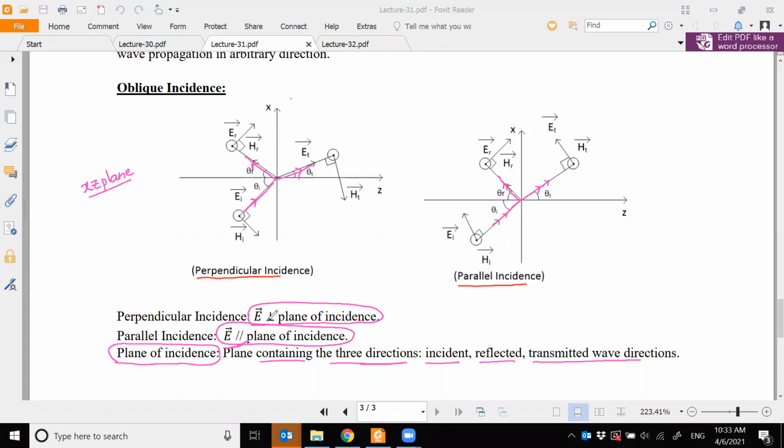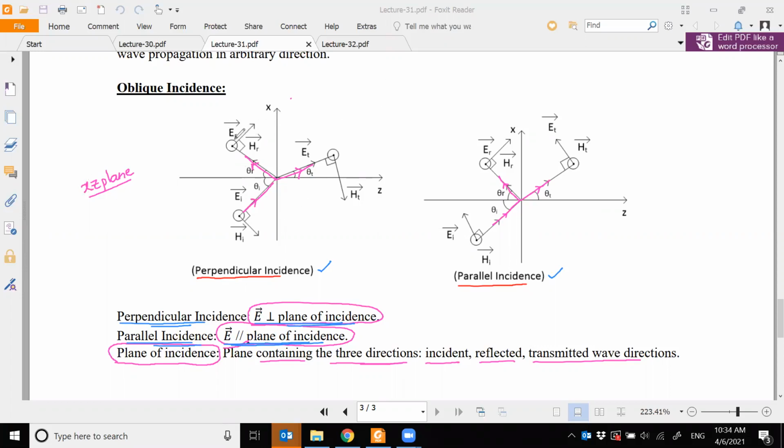So if the electric field is perpendicular to the plane of incidence, we say it is perpendicular incidence. When the electric field is parallel to the plane of incidence, we say it is a parallel incidence. So the definition of perpendicular incidence and parallel incidence is only with respect to the electric field. That's why, if you see here, this is my plane of incidence, which is the XZ plane.